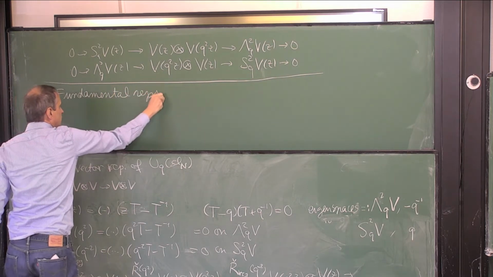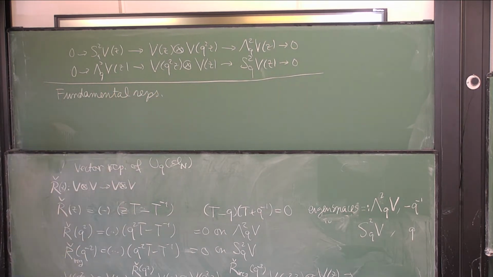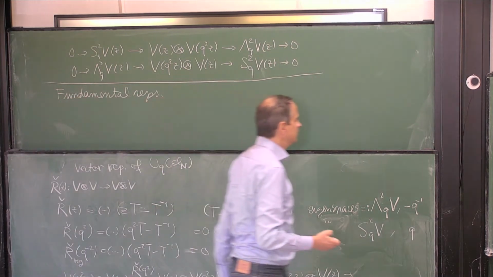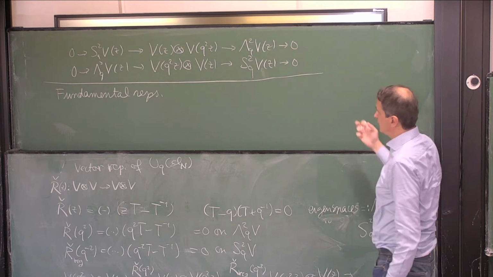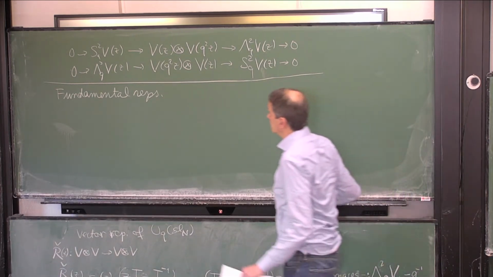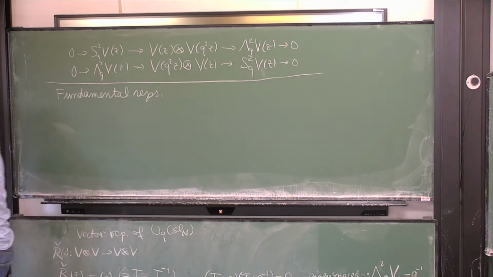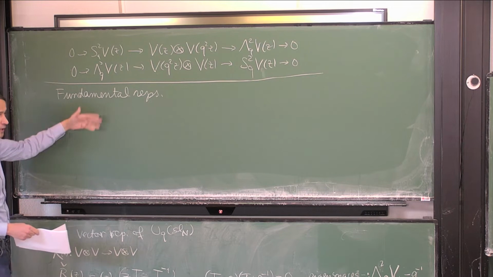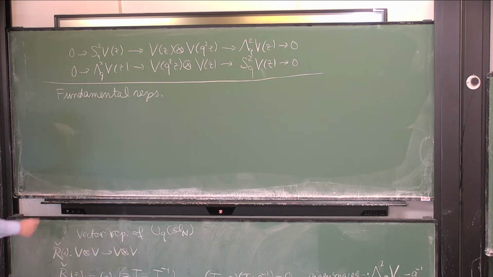And here I should say that there is a different terminology in mathematics and physics. Fundamental representation in physics, as we heard yesterday, means the vector representation. But here I would like to use the mathematical definition, with representations with fundamental highest weights. And what does it mean?